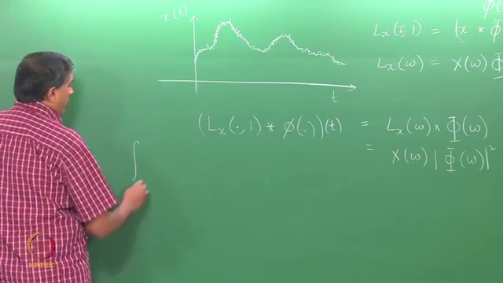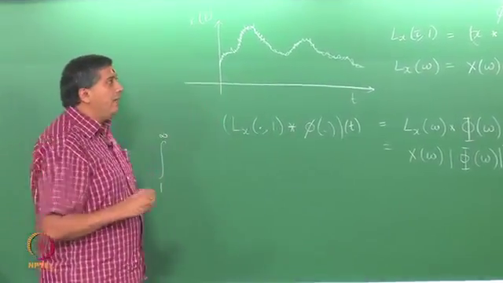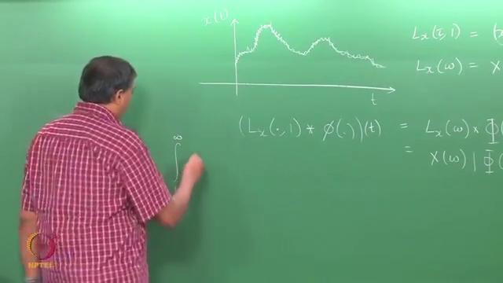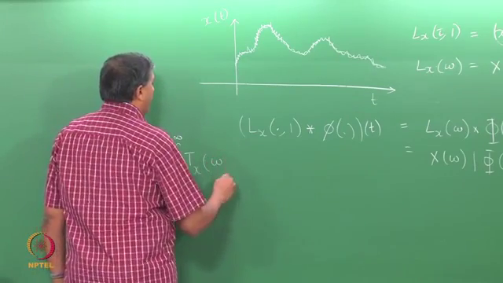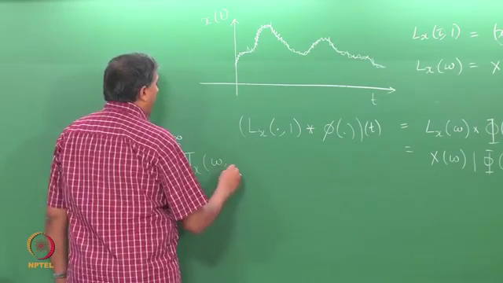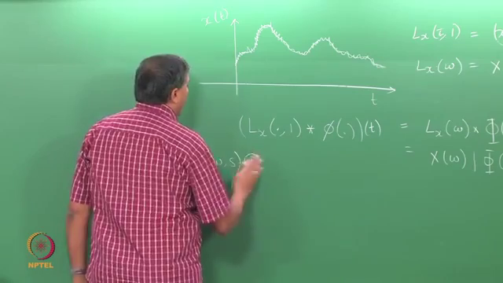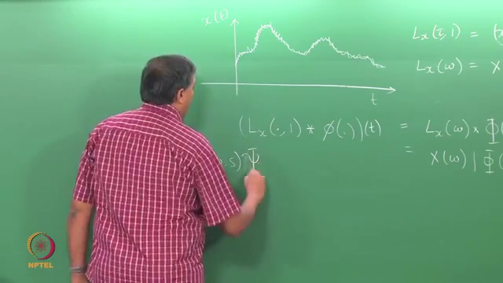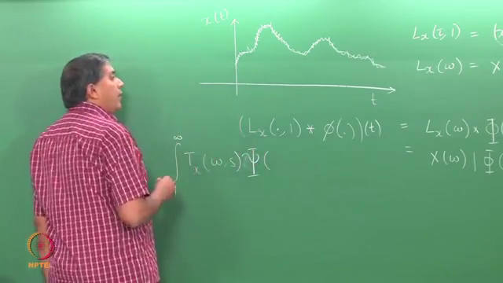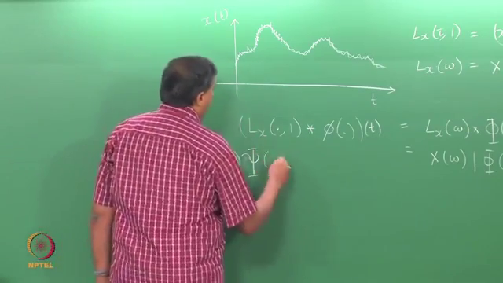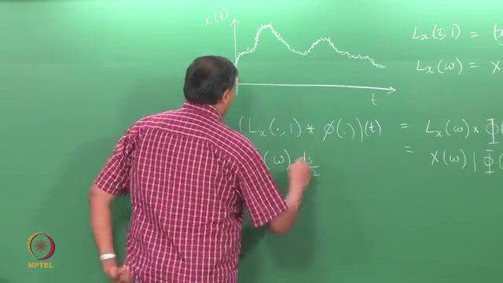So, with respect to the right hand side, I have 1 to infinity Fourier transform of the integrand. Now, the integrand is a convolution. Once again, by virtue of the property of Fourier transforms, I have T x of omega at a certain scale s, times the Fourier transform of the wavelet psi, and then I have here as usual ds over s squared.